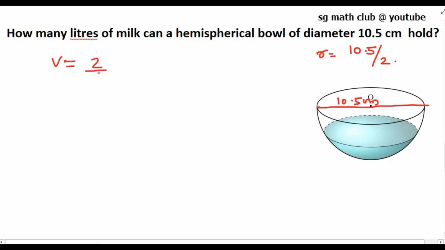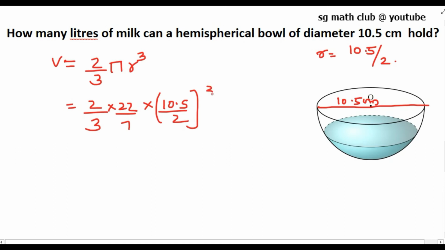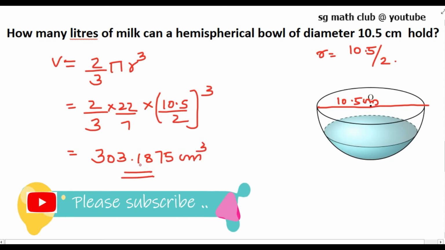So volume is equal to 2 by 3 pi R cube, which is 2 by 3 into pi, which is 22 by 7, into (10.5 by 2) the whole cube. You need to simplify this. When you simplify, you get the answer 303.1875 centimeter cube. So this is the volume of the hemispherical bowl.